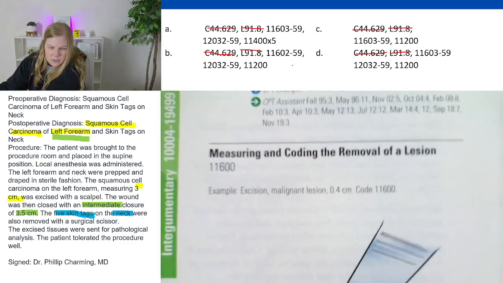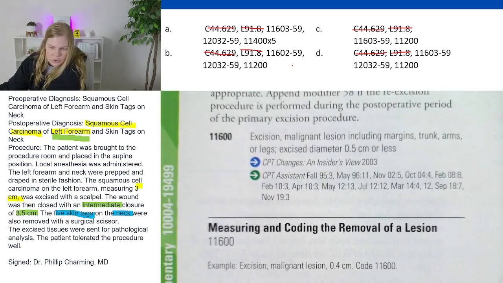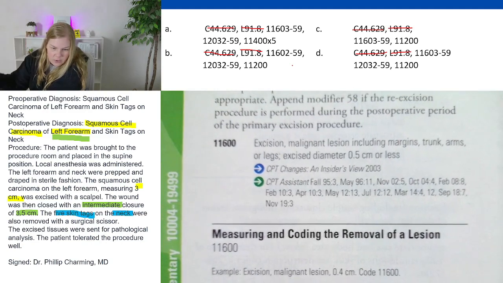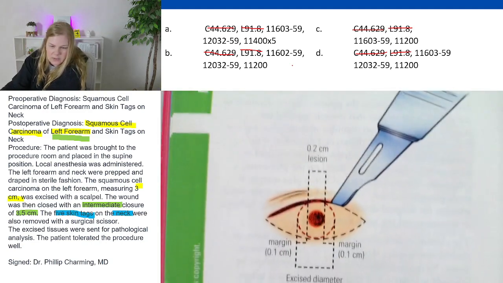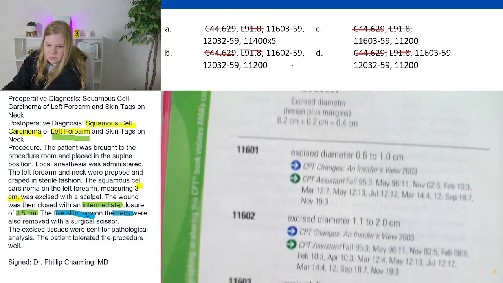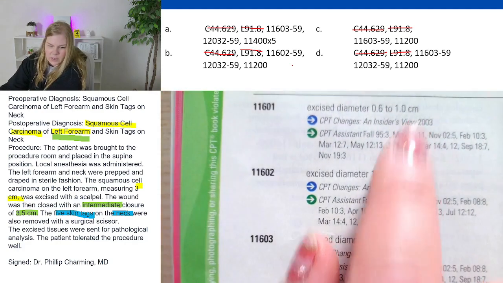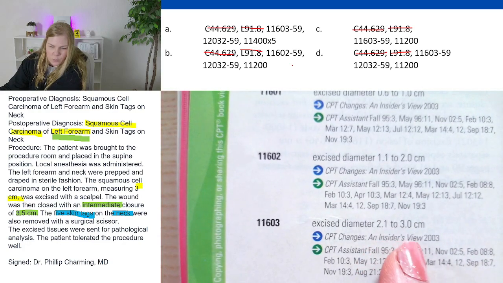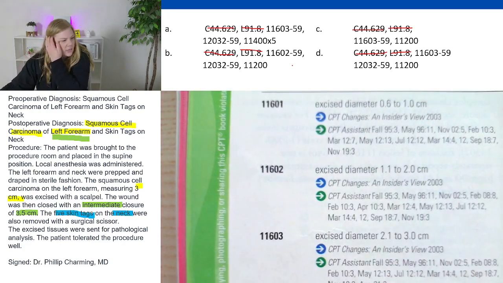So these codes are both from this section here: excision, malignant lesion, including margins, trunk, arms, or legs. And the forearms, of course, are part of the arms. So 11602 is 1.1 to 2. The 03 is 2.1 to 3 centimeter diameter.